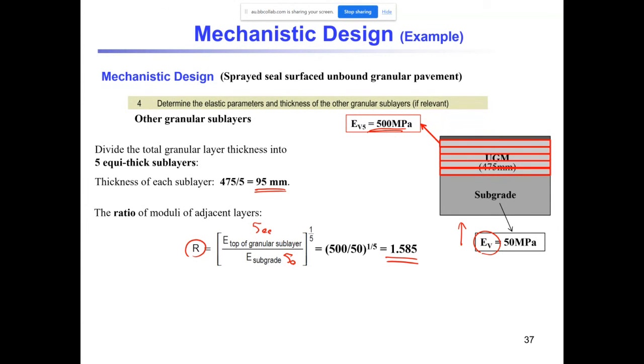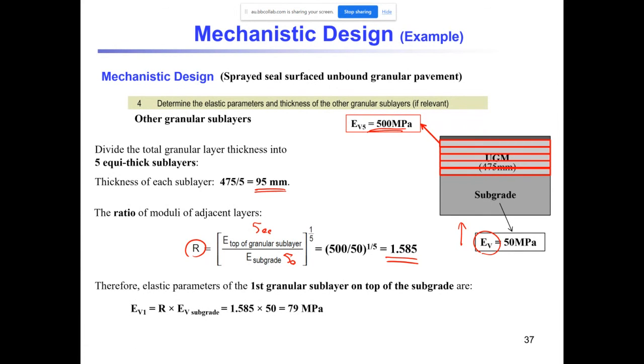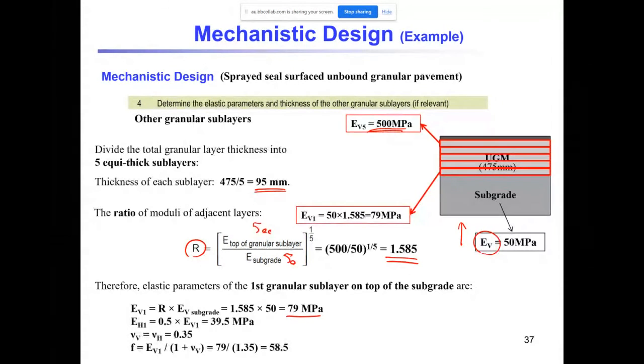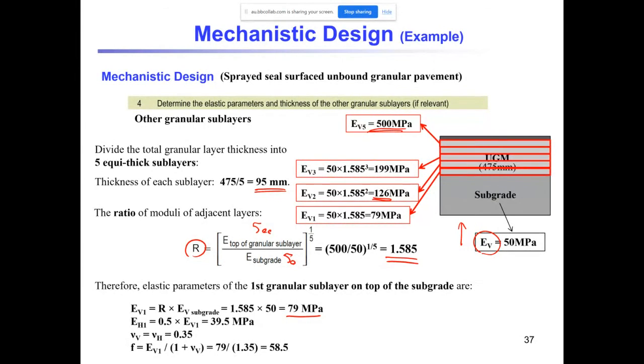We generally start from the bottom. So 50 times R will give you the value for the first layer. 50 times R to the power 2 will give you the value for the second layer, to the power 3, third layer, to the power 4, fourth layer. So these are the material parameters, the vertical Young modulus you need to consider.